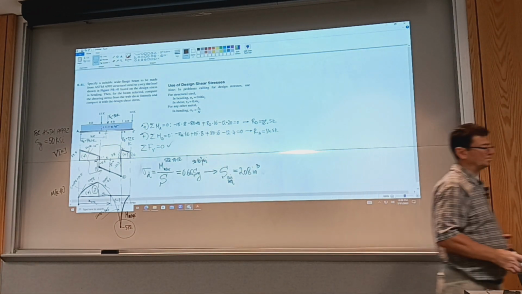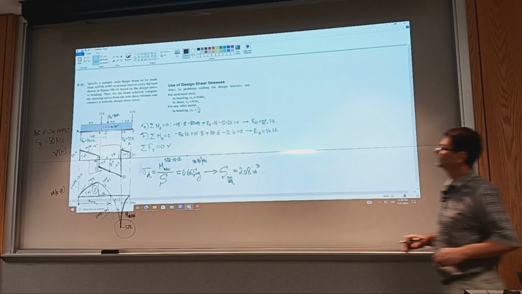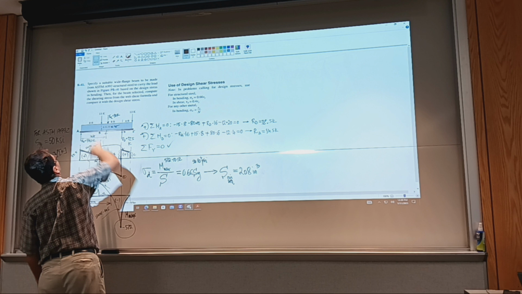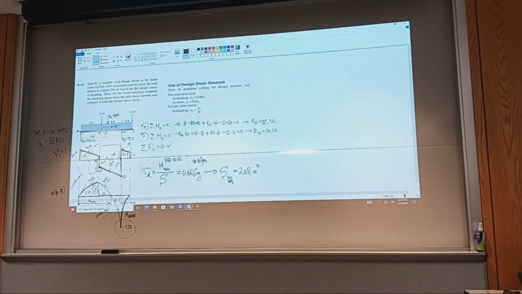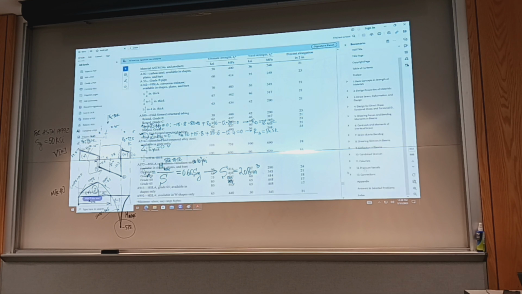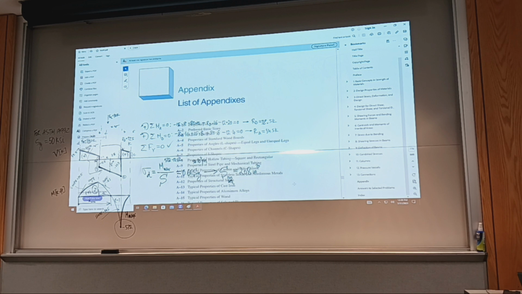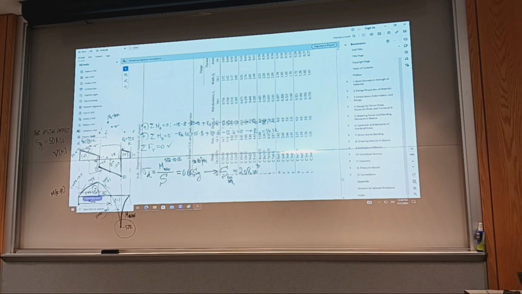So we need to go to the back of the book and look on where wide flange beams are listed and pick one that has at least 208 section modulus. So we're looking at I-shapes.